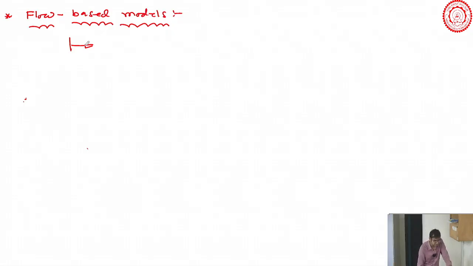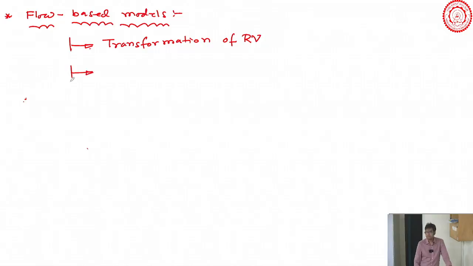That is the first principle governing this model, the transformation of random variables. What is the second one? Mappings that are invertible, invertible functions.